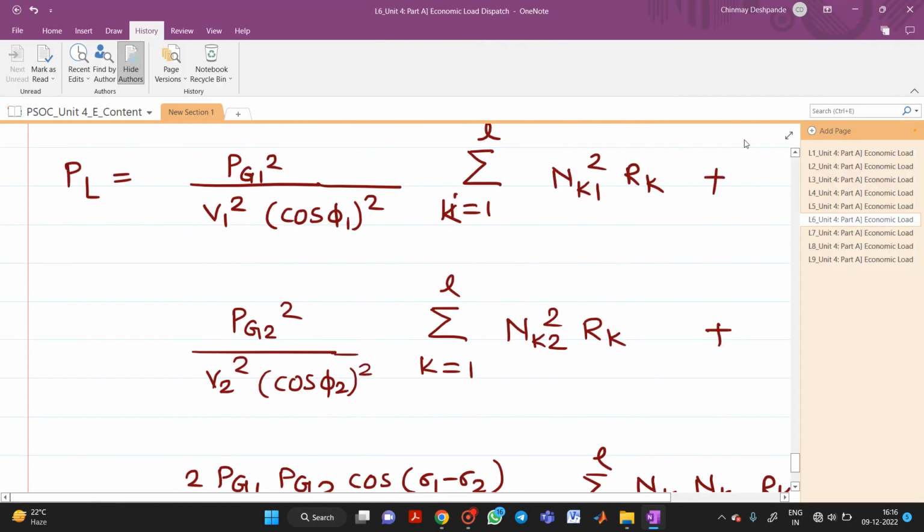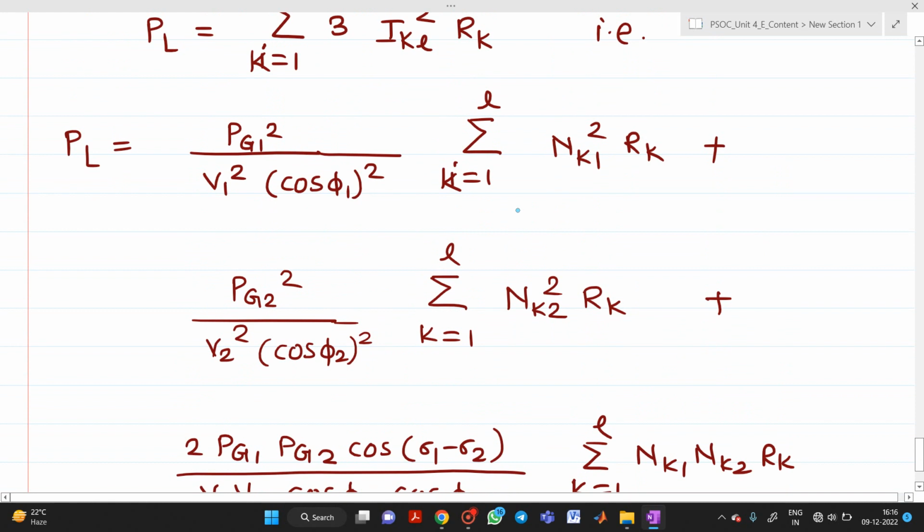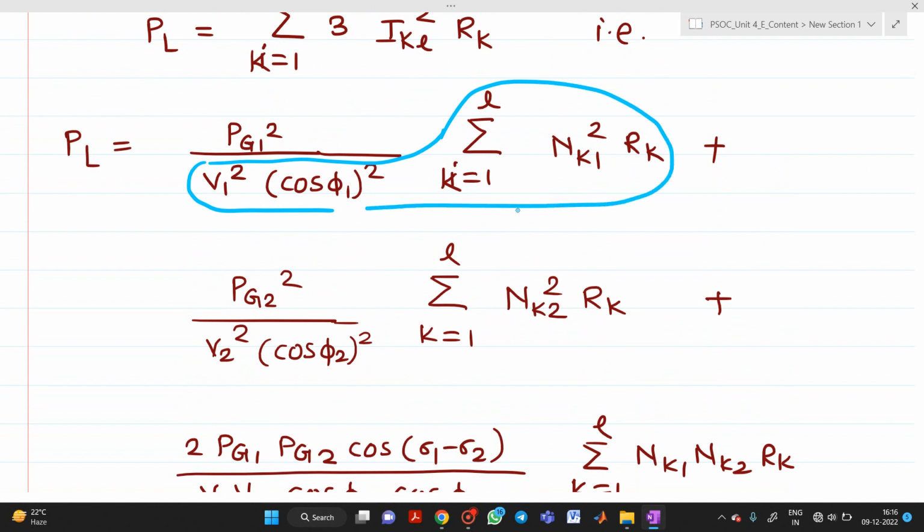Now if you carefully observe, whatever term we get here, I will take this total term from this to this term, and it is called beta 1 1. As I already discussed with you while starting this derivation, the transmission loss PL is expressed without loss of accuracy as a function of real power generation.